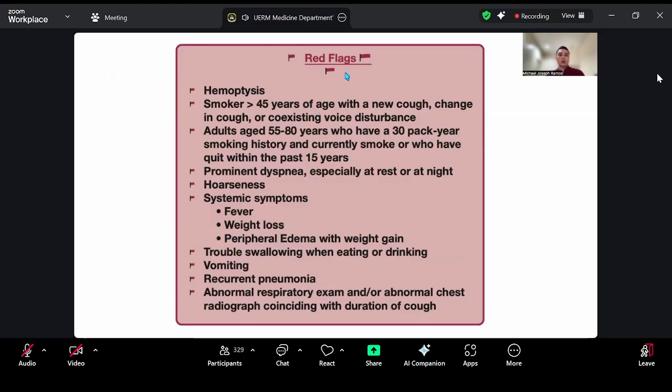These red flags include blood-tinged sputum, a smoking history, adults who are of elderly age who have a history of smoking, prominent dyspnea, hoarseness, the presence of systemic symptoms, trouble in swallowing when eating or drinking, the presence of vomiting, and a history of recurrent pneumonia. These are all red flags that you need to be actively looking for in every patient that comes in for cough.